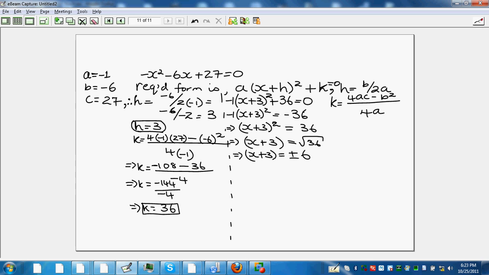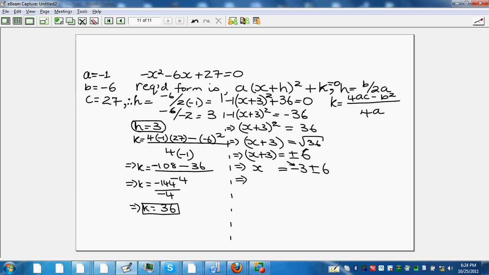Then I get rid of the plus 3 on the left-hand side by minusing 3, so I remain with x alone, and I must do the same thing on the right-hand side. So x is equal to minus 3 plus or minus 6.